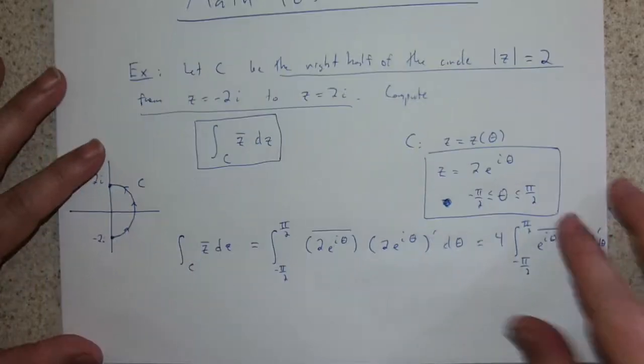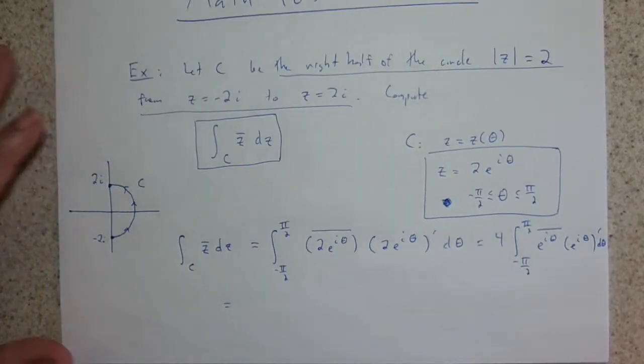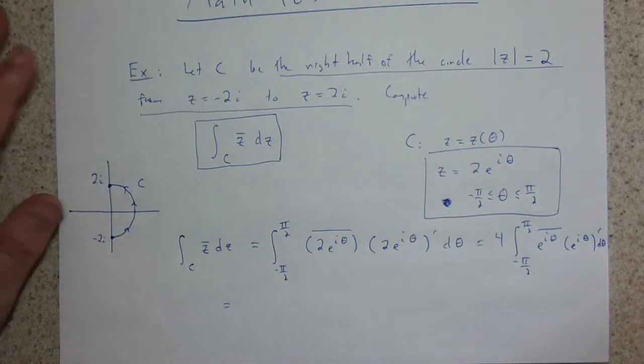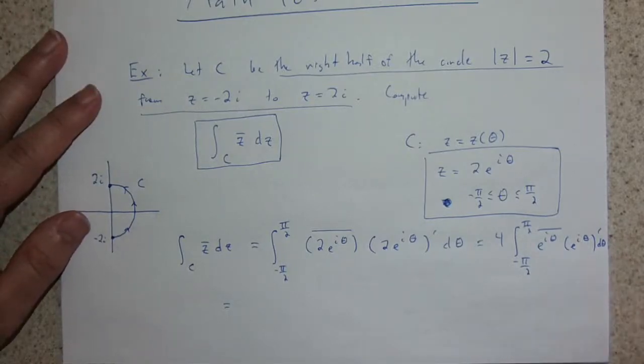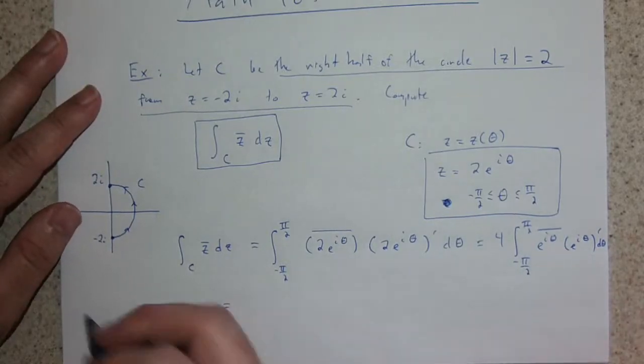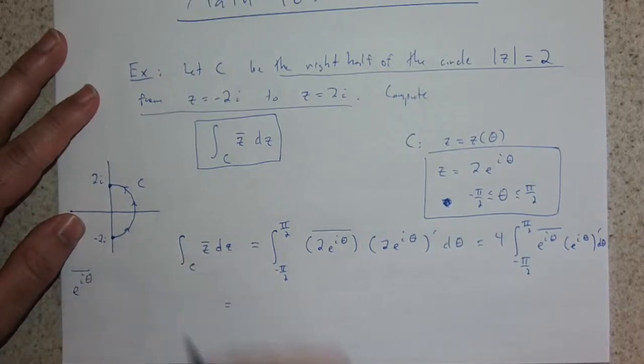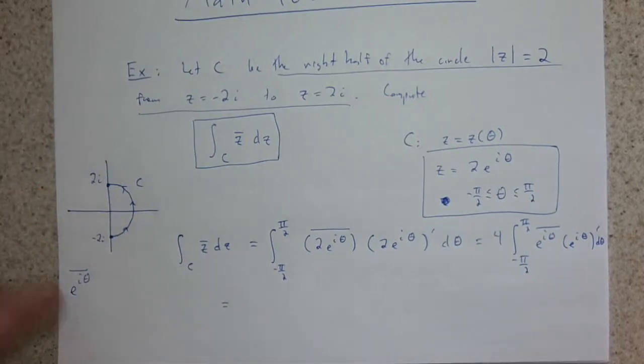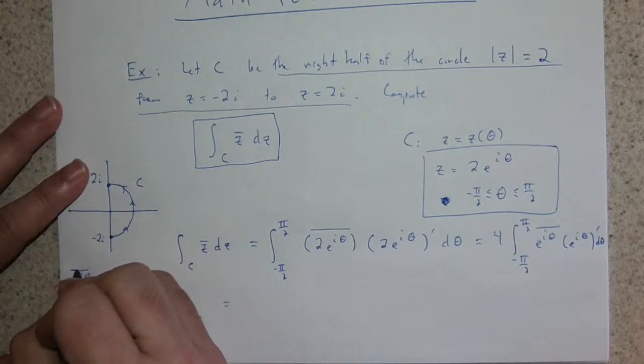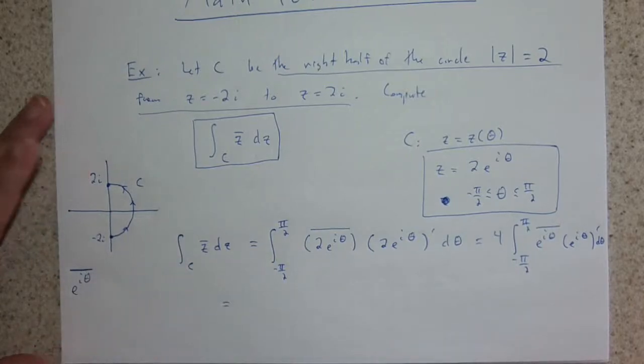And this is d theta. Okay. So what is this equal to? First of all, I can say, well, e to the I theta bar, what is that? I'm taking the complex conjugate, not of I theta, I'm taking the complex conjugate of e to the I theta.